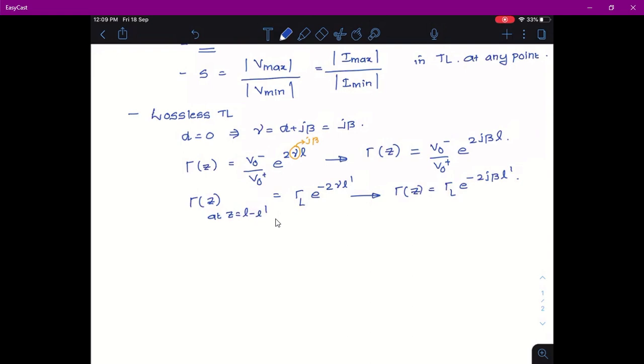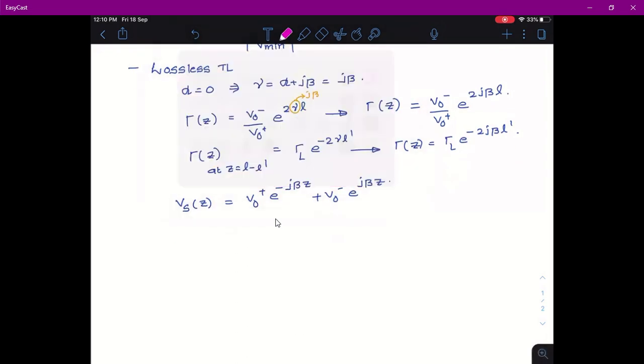and we will stick with the basic things. Fine. We know the expression for Vs of Z for a lossless transmission line as V0 plus e raised to minus j beta Z plus V0 minus e raised to plus j beta Z. Now, as we have said earlier, in the transmission line with characteristic impedance Z0 and load impedance ZL, let us consider a point at a distance L dash from the load.